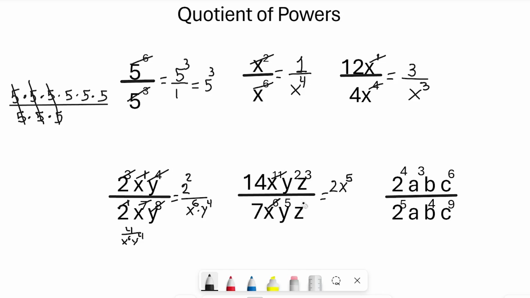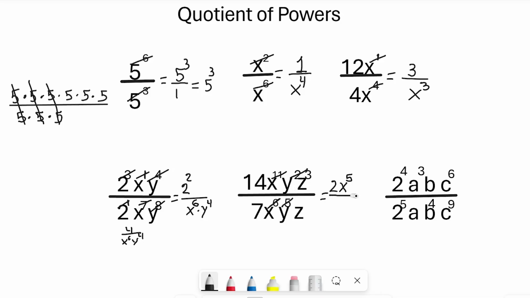Okay? Then look at y to the 2nd power. I have only 2 in the numerator and 5 in the denominator. So what I'm going to do is cancel only 2 of them. Out of 5, I cancel 2 of them.